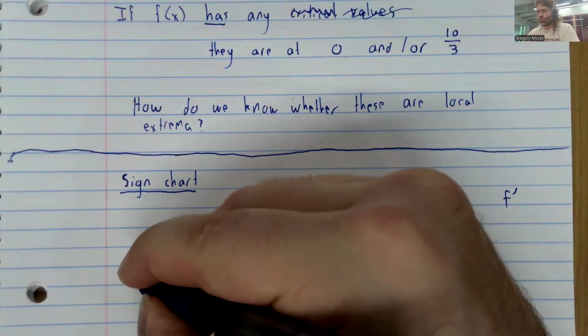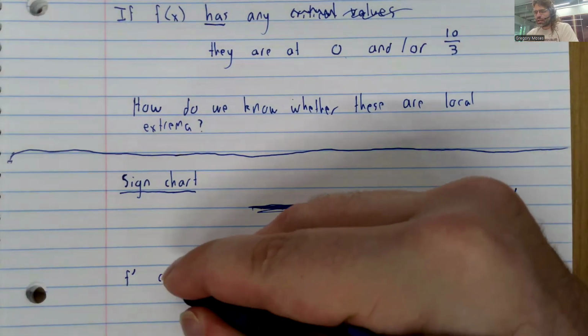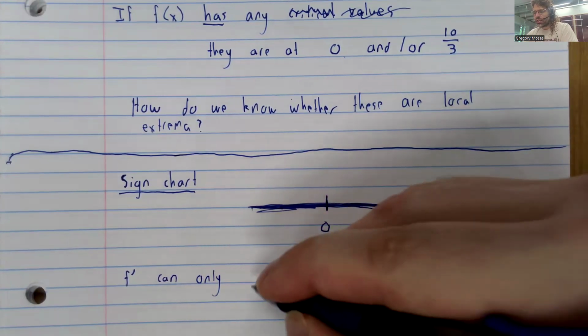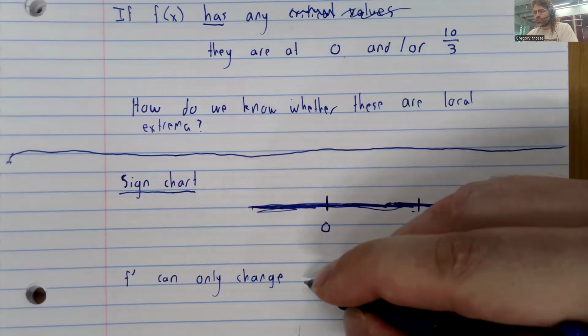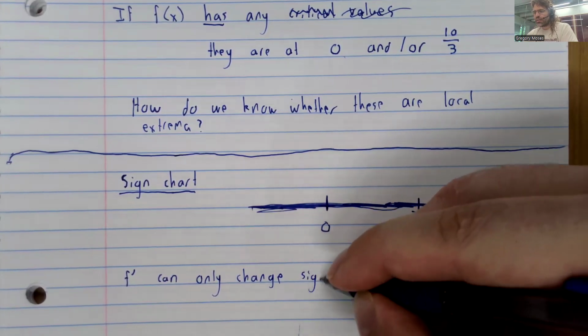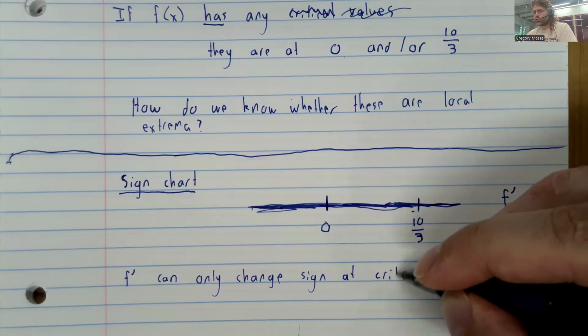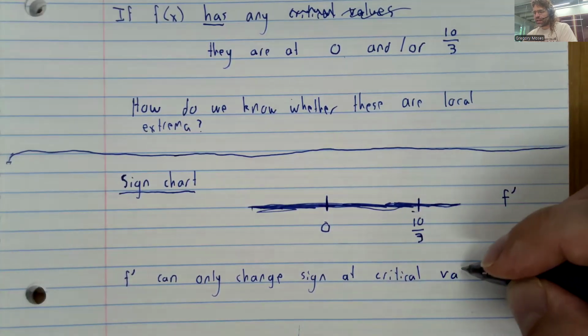And we use the following statement: f prime can only change sign at a critical value.